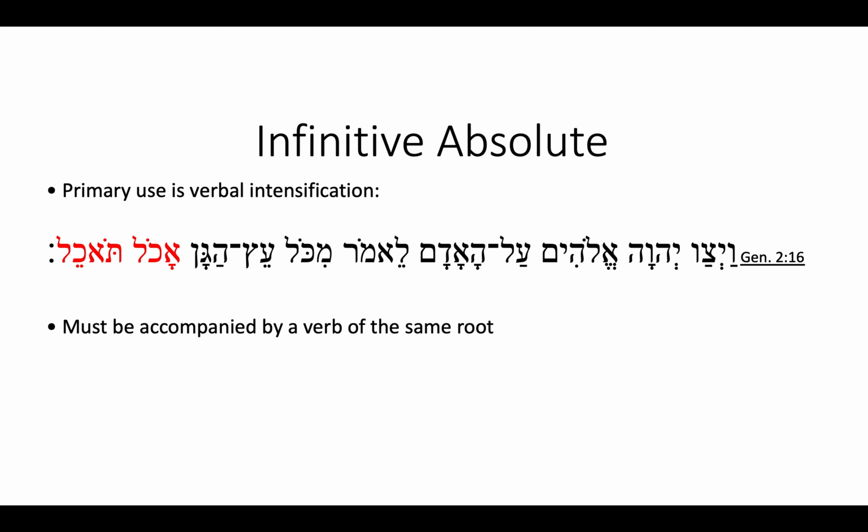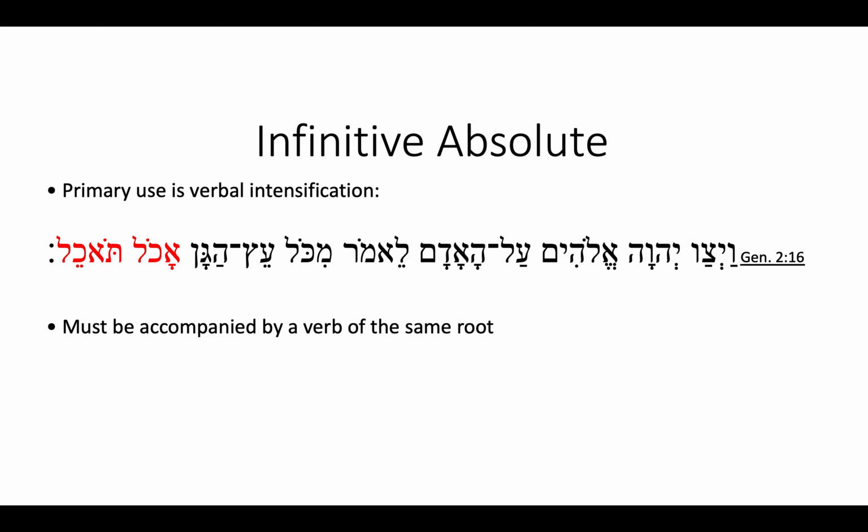So to translate the first part of the verse, vayetzav, so and he commanded, that is the Lord God, al ha'adam, so on the man, which is kind of an interesting use of al once again. Lemor, which functions like our quotation marks. And then mikol etz hagan achol tochel.